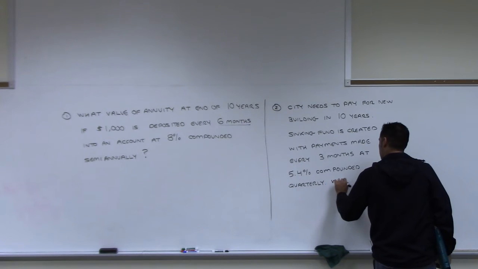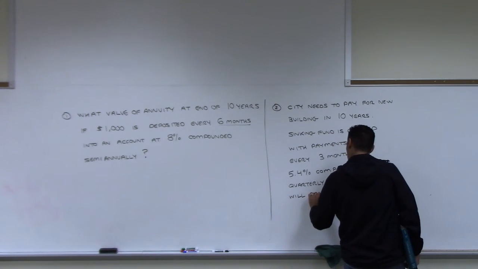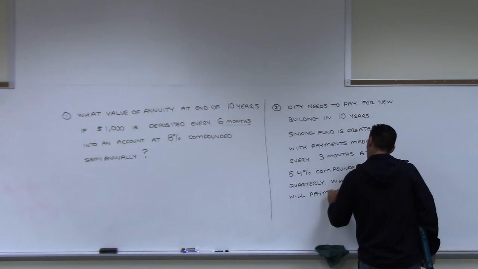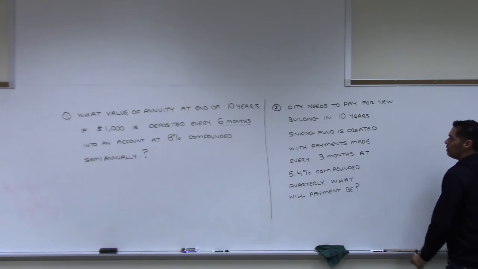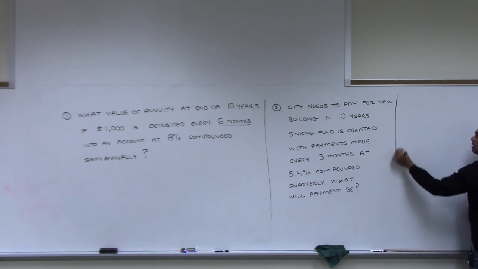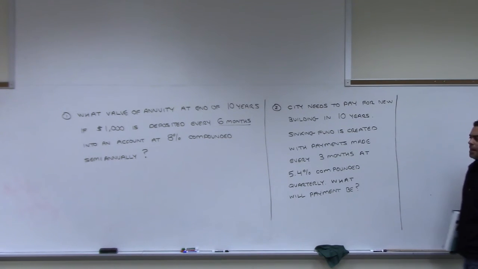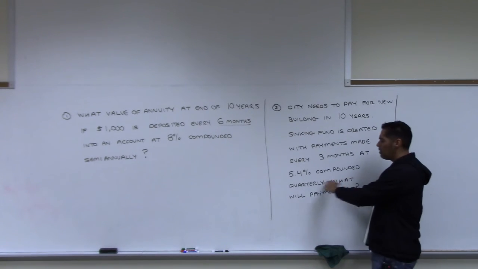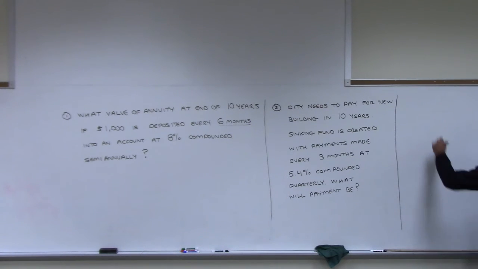What will the payment be? If you do it every 3 months, how many times is that per year? 4 times a year? Okay. If it's compounded quarterly, that's done how many times per year? 4. Okay, just pointing these things out.